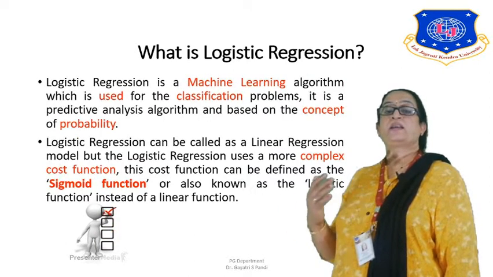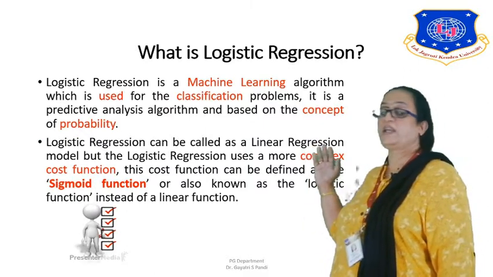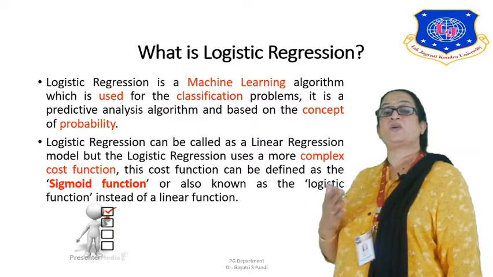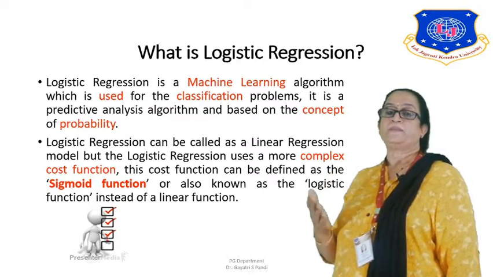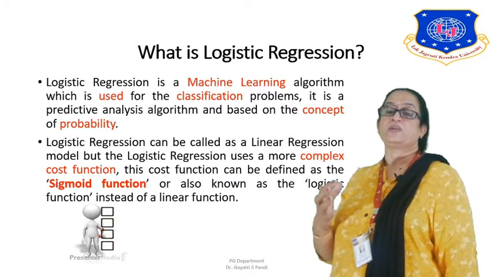So logistic regression is a machine learning algorithm which is used for classification, and it is a predictive analysis algorithm, and it is based on the concept of probability. Right? As I told you, probabilities are assigned, and based on that the calculations will be done.